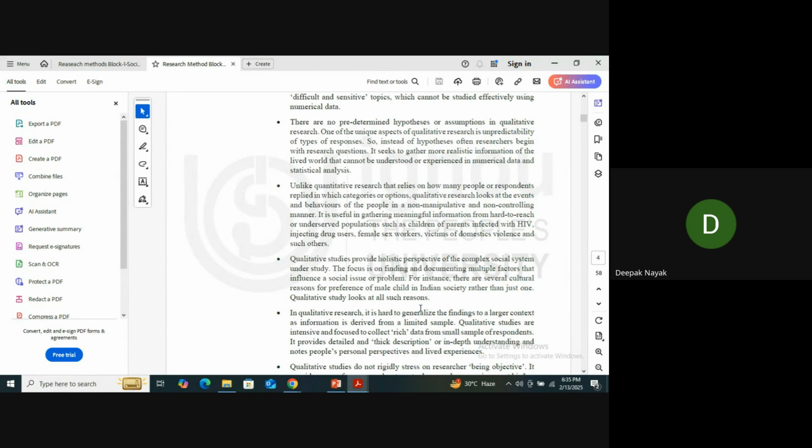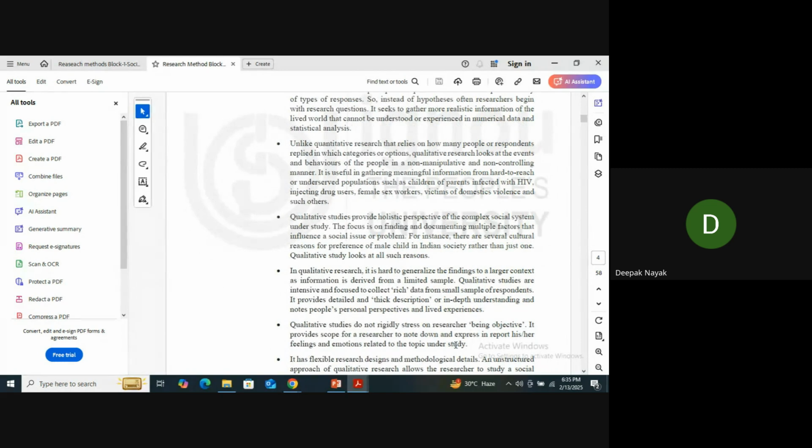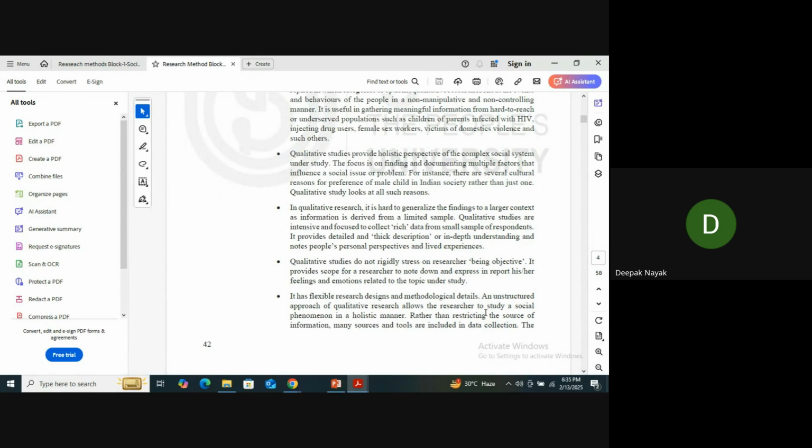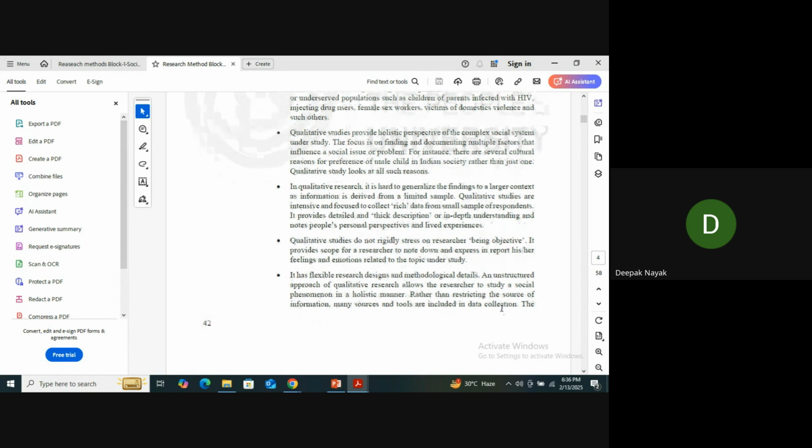So these things can be understood only through in-depth or immersive activities under the research. And for qualitative research, there are many tools, methods and techniques that are used for qualitative studies.